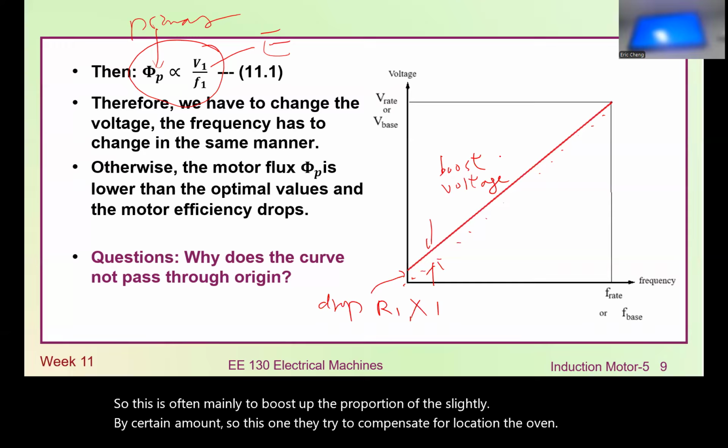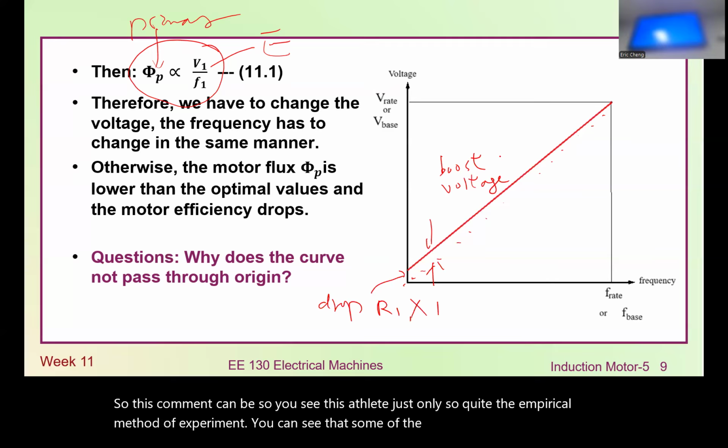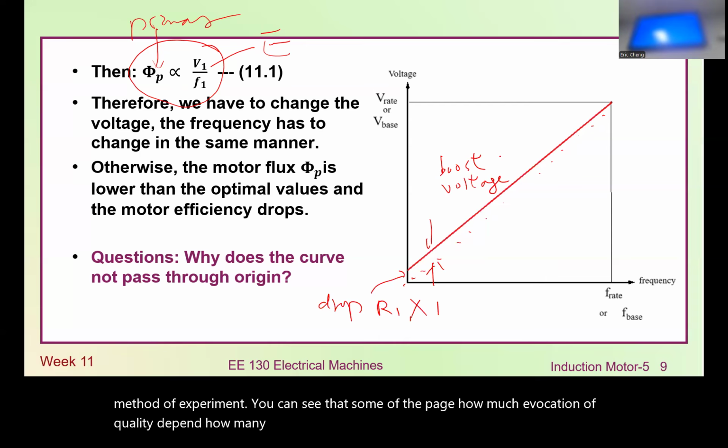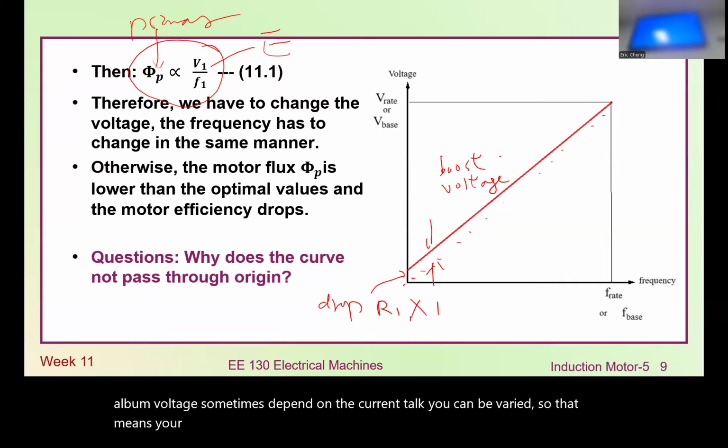That's a common technique, and you see it is just a so-called empirical method. By experiment, you look at how much voltage is needed, which of course depends on the R1 voltage drop. In theory you can calculate it exactly, but the R1 voltage drop depends on the current and on the torque, so it can vary. That means your controller needs to estimate the total voltage here.